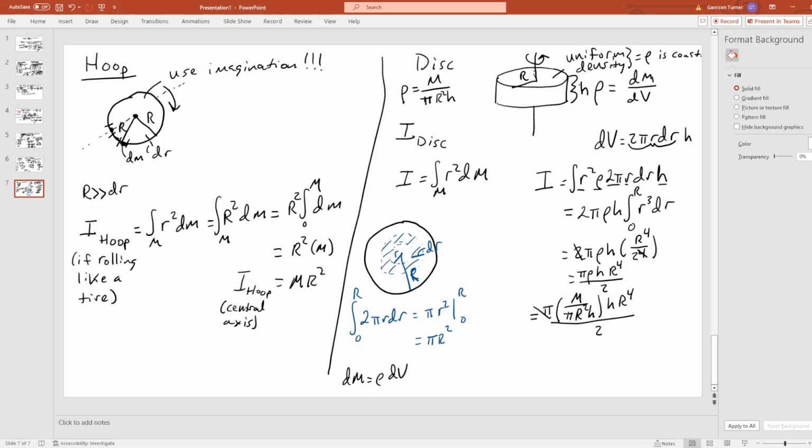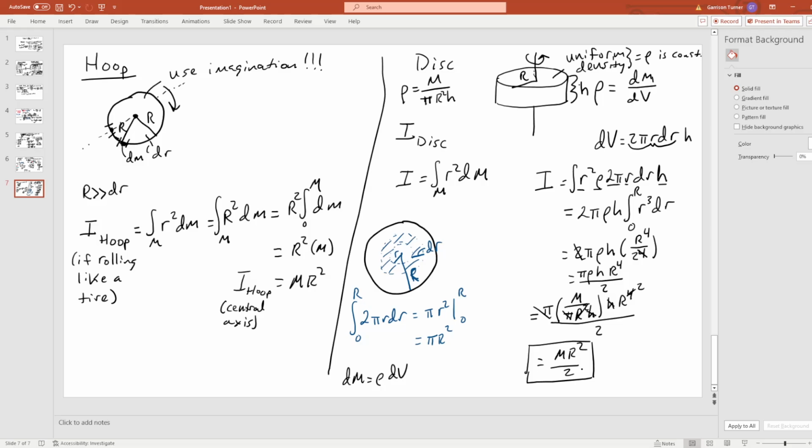And so my pi's cancel, my h's cancel, and my r squared cancels with 2 of my r's in r to the fourth, so I'm left with r squared. And so I get m r squared over 2. This is the moment of inertia of a disk if you are trying to rotate it about your central axis, again like a tire or a top. It's a beefy calculation, but there it is.